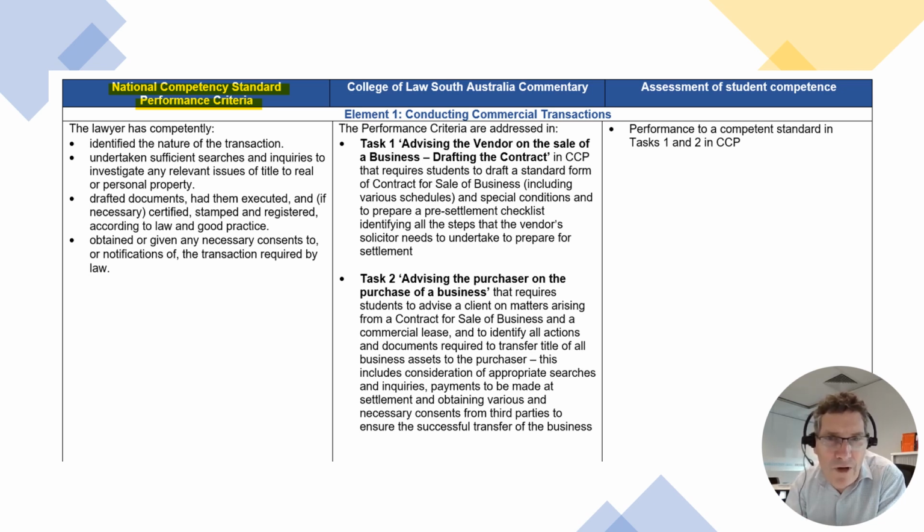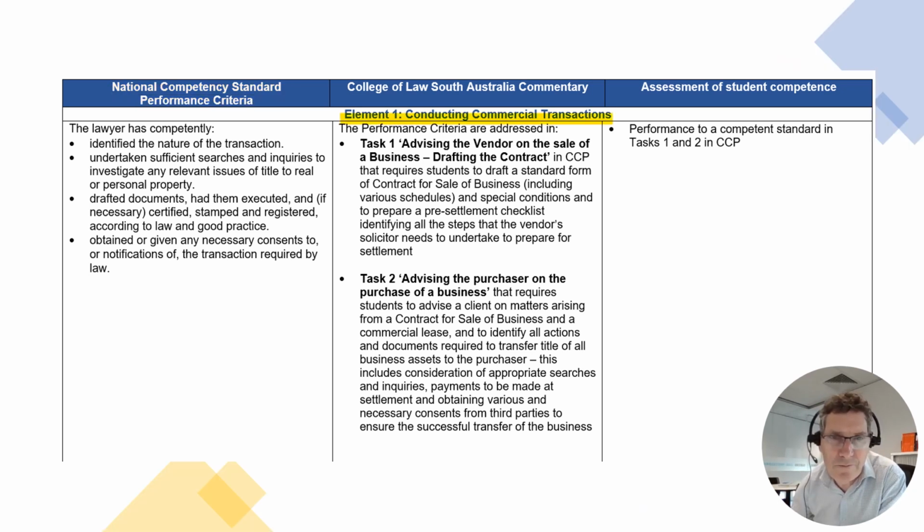And what we've done in the middle column there is we've outlined the tasks, the 2 tasks that we have students complete in order to demonstrate competency in those criteria.